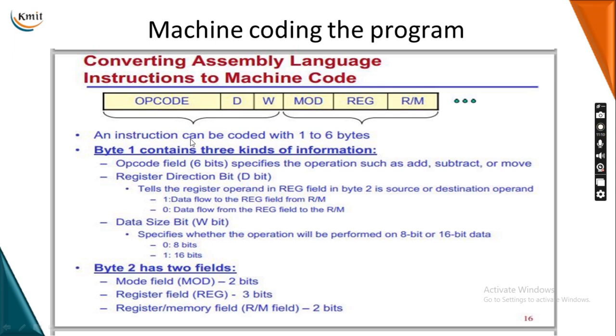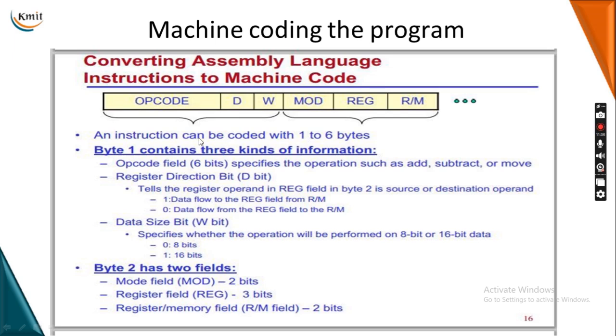An instruction can be coded with 1 to 6 bytes. An instruction can have 6 bytes of information: byte 1, byte 2, byte 3, byte 4, byte 5, byte 6.